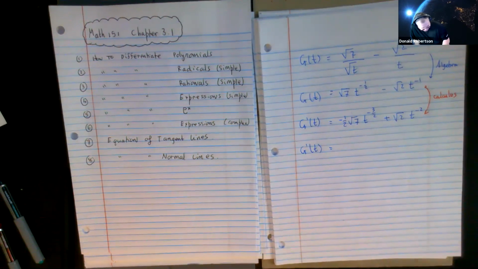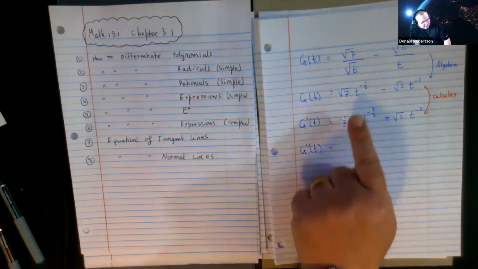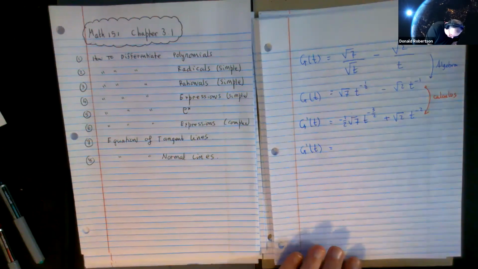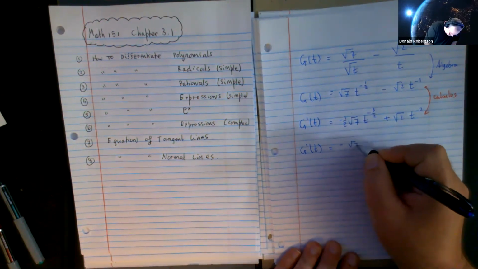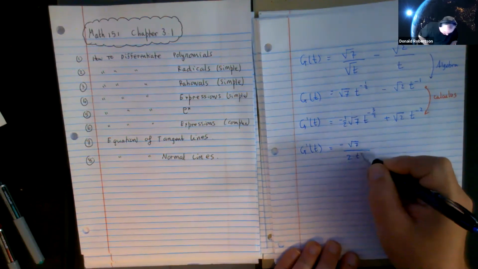What we're now going to be doing is taking this and making it look like the original, right? What I call the style points. So I got a negative, I got a square root of 7, I've got a 2 and a 3/2.